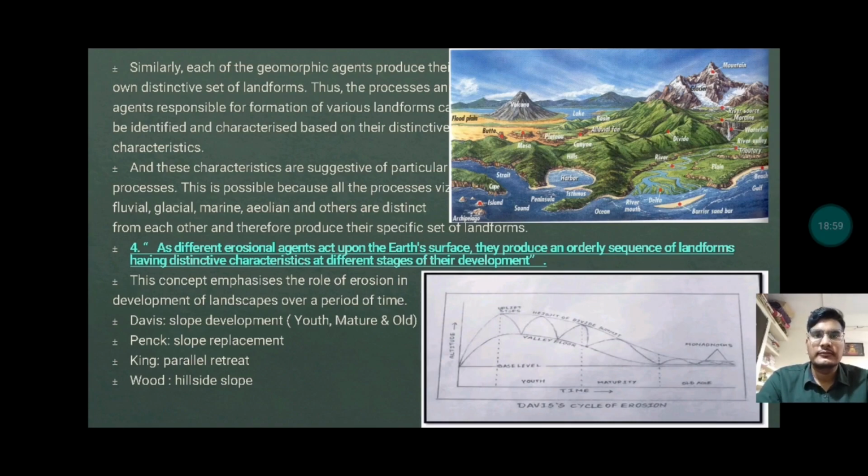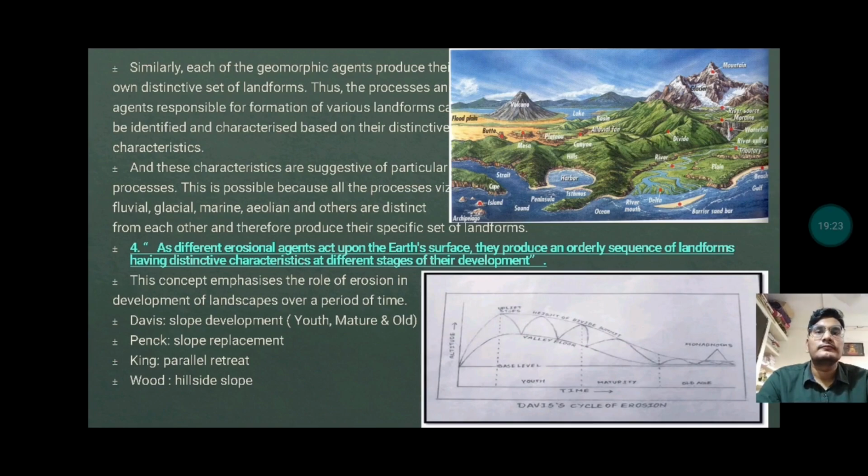And in the last phase of the Davis cycle of erosion of the river, he stated that it is the old phase of slope development, and in this particular phase, the river works as valley flattening or river course flattening.